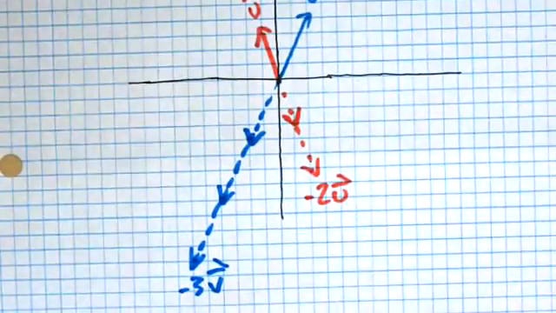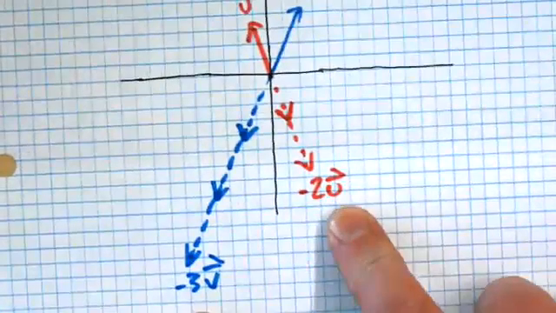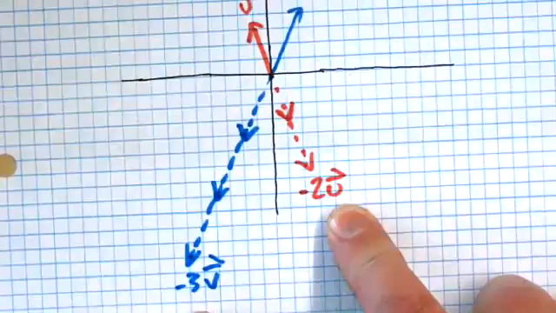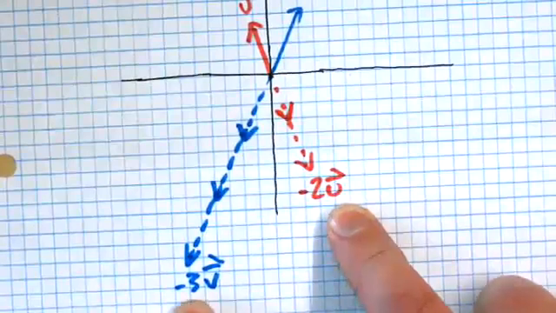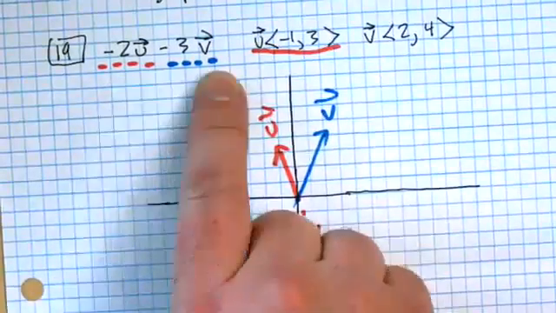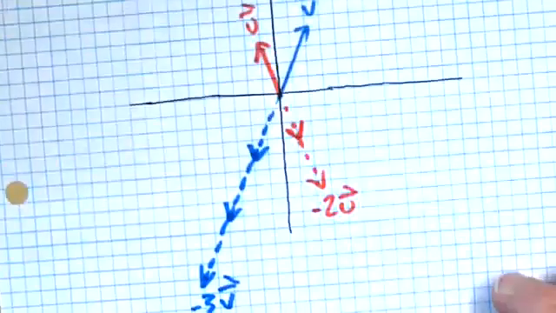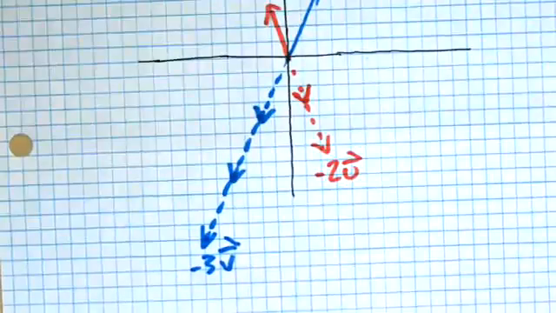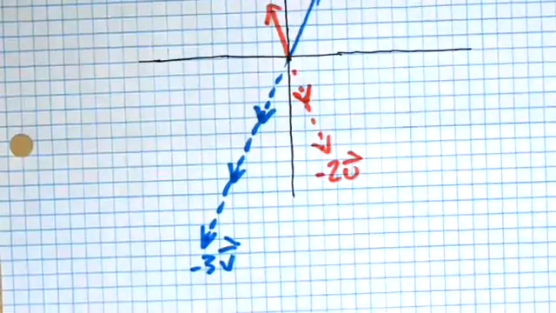All right, we're about ready to finish this up now. What do I need to do with these 2 new vectors that I just created? We're just going to add them together. That's what we had up here: negative 2u plus negative 3v. So we'll add them together, and I'm going to do it graphically. I need to go head to tail again.